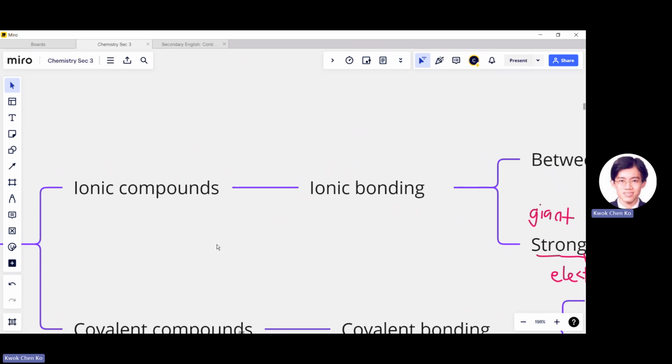What do physical properties mean? Examples of physical properties?